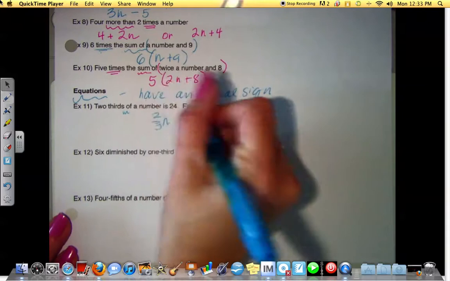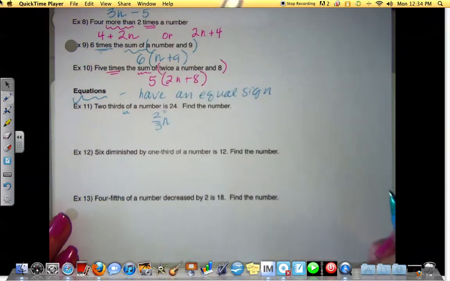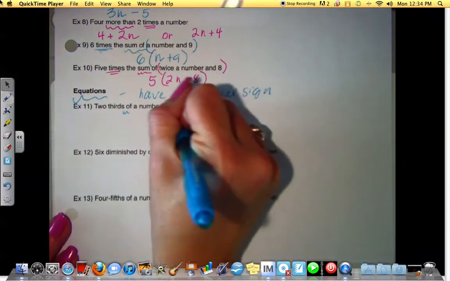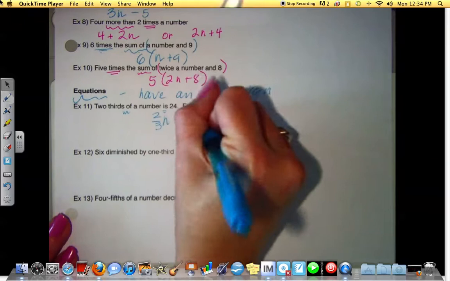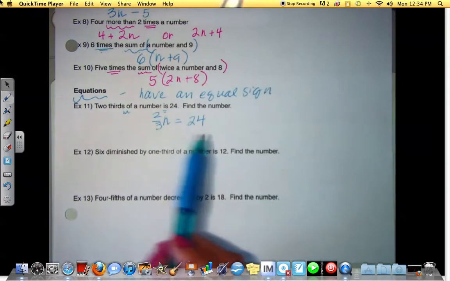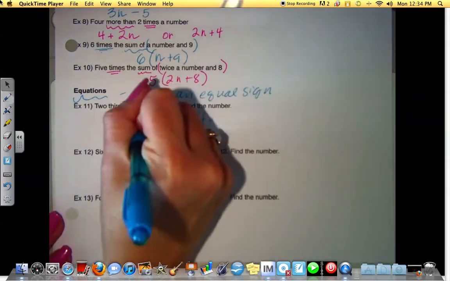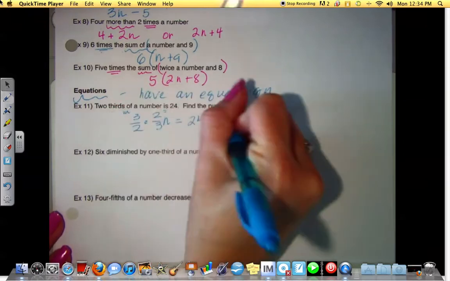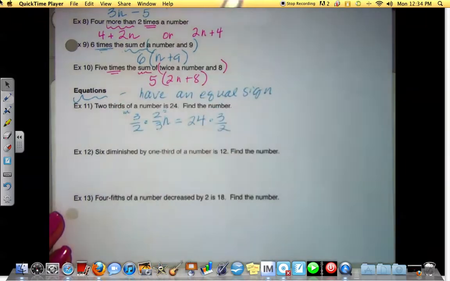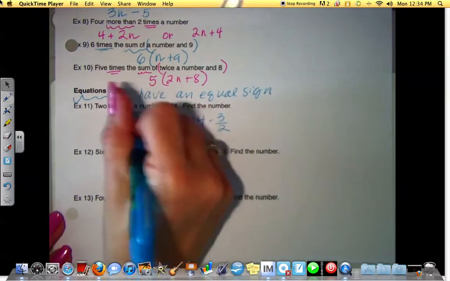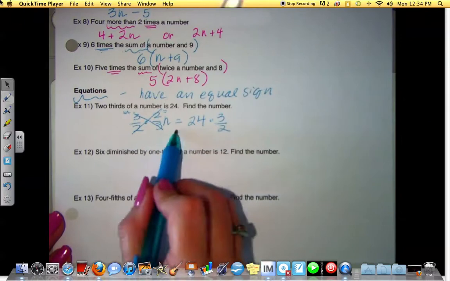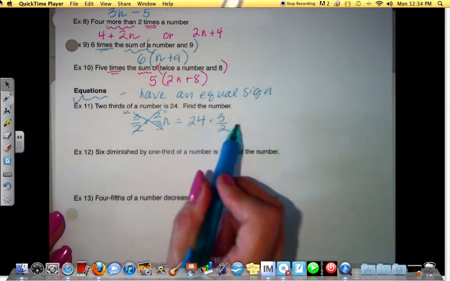And what do we replace is with? Equal sign. 24. Multiply by the reciprocal, so we're multiplying both sides by 3 over 2. The 2's cancel, the 3's cancel. So n equals 24 times 3 divided by 2.